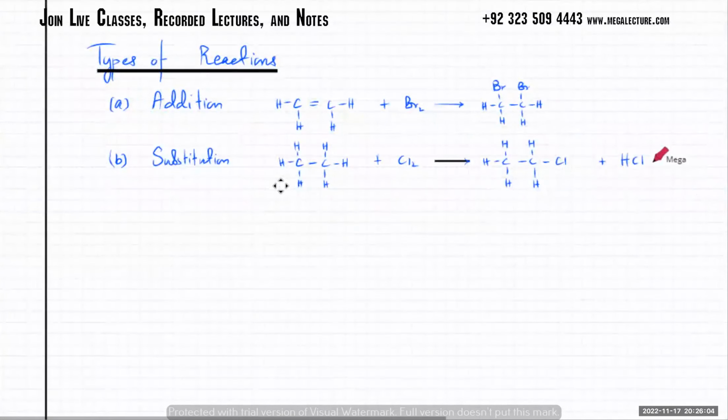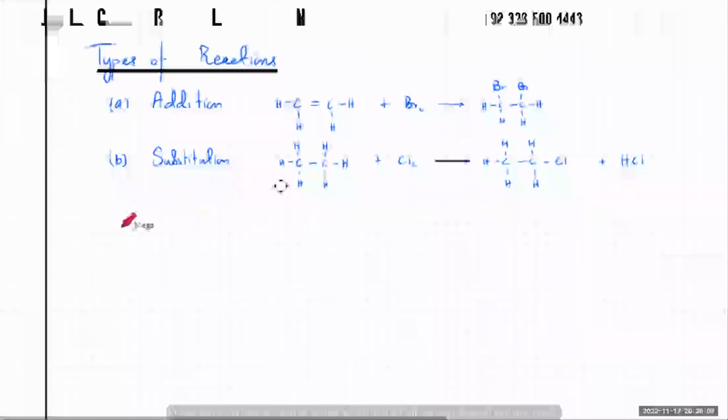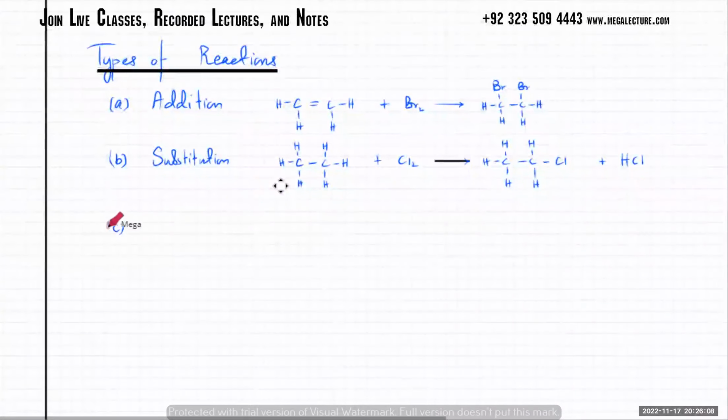और finally part C, that's elimination. So elimination is where something gets eliminated.